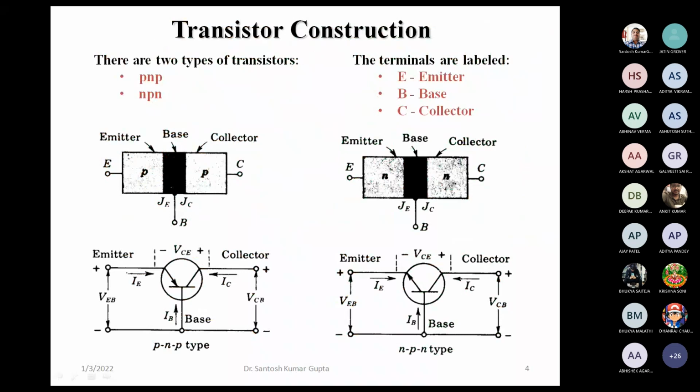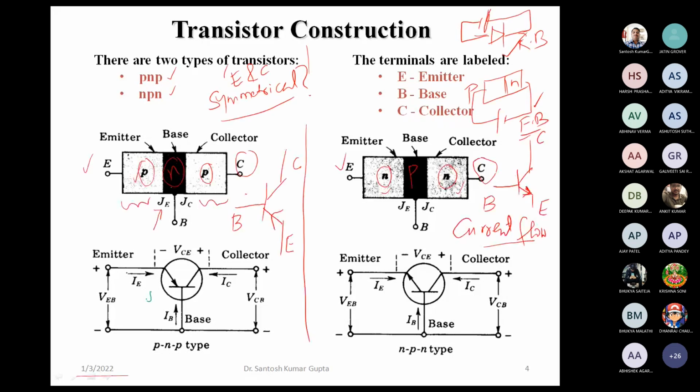Okay, so with this view, there are some potentials applied here between, at the emitter junction. This is the emitter junction, this is the collector junction. These are just nomenclature here. The voltage applied between emitter and base is called VEB.